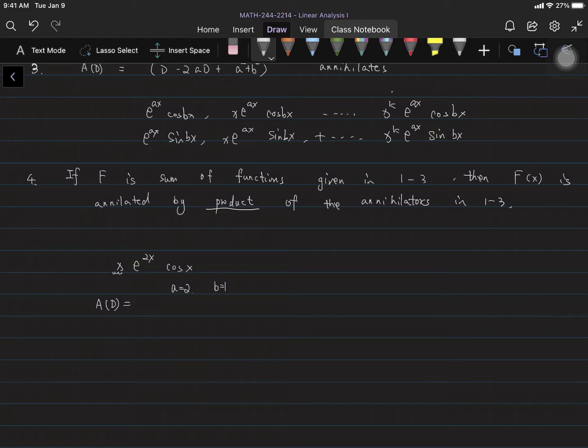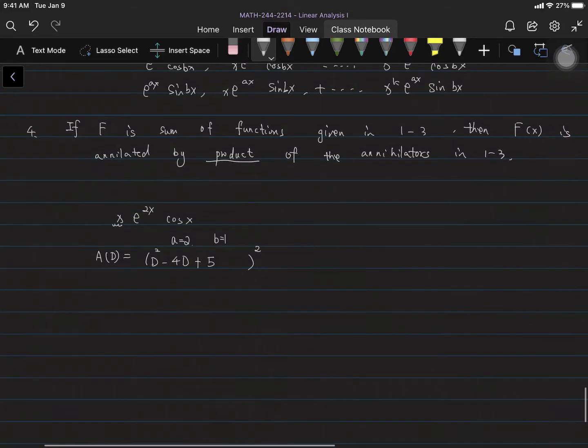If we don't look at the x, it's going to be something to a power, depending on the multiplication. So here it should be D squared minus 2aD, so minus 4D, plus a squared plus b squared, so 4 plus 1, which is 5. Because there's an x in front, here's power 2. Okay, so this is how we find AD.